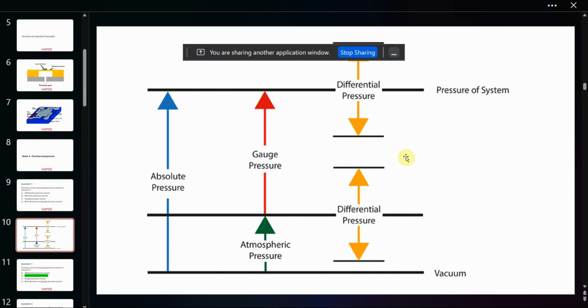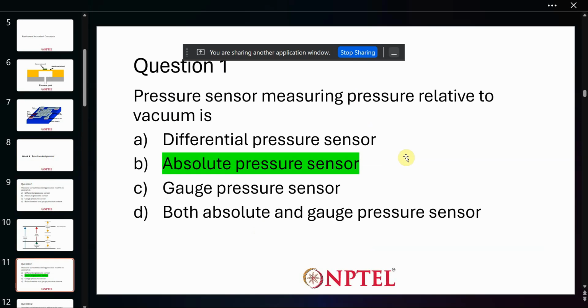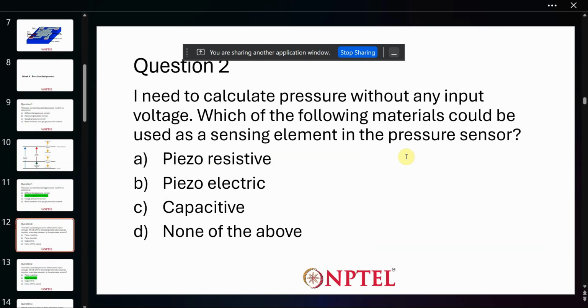Anything measured with respect to atmospheric pressure is the gauge pressure sensor. Any pressure sensor measuring the difference between PA and PB is called a differential pressure sensor. So these are the three types of pressure sensors. Since our pressure sensor is measuring relative to vacuum, it is an absolute pressure sensor.